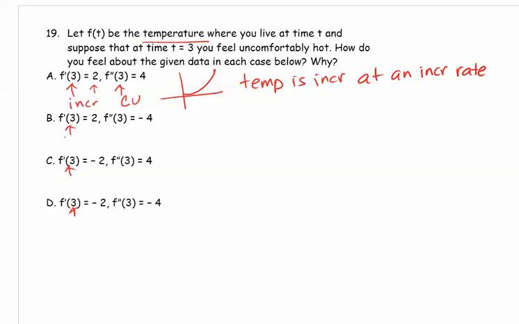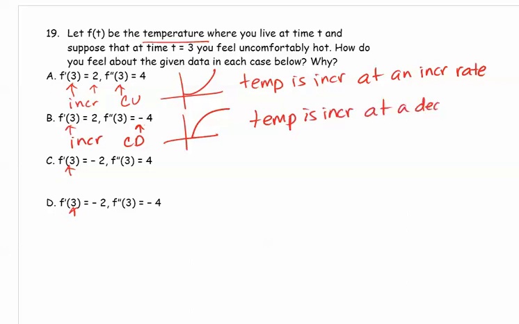And here in the next situation, f prime is positive, so our graph is increasing, but our second derivative is negative, so it's concave down. So the temperature is increasing at a decreasing rate. So I don't like it, but it is not going to make me as uncomfortable as the first case.